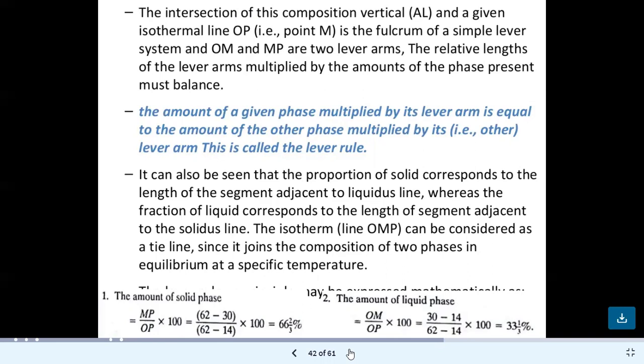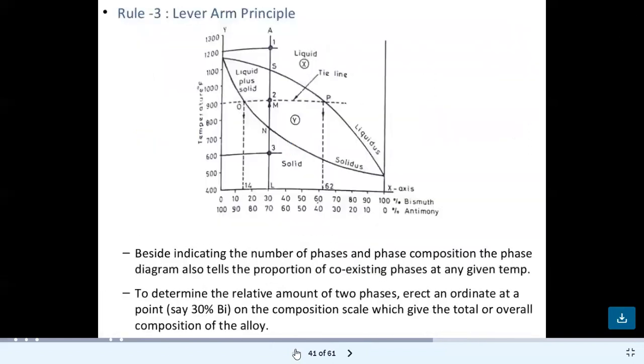Here MP becomes 62 minus 30, OP becomes 62 minus 14. See here, if we consider percentage of bismuth, this is 62 and this is 30.